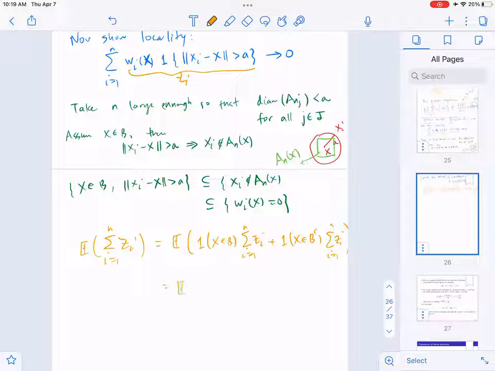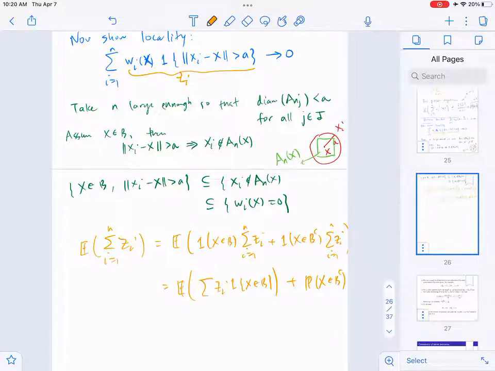So I get the expectation of the summation of Zi with x in B, plus here I'm going to bound by the probability of x in B complement, because the summation of Zi is bounded by the summation of Wi's, which is bounded by 1, because this is either 0 or 1.